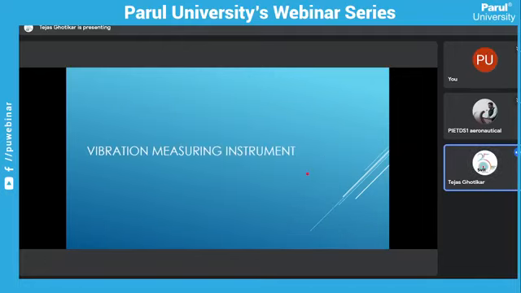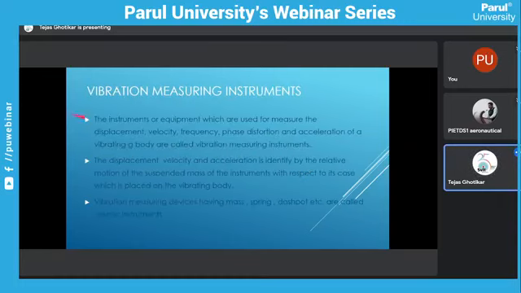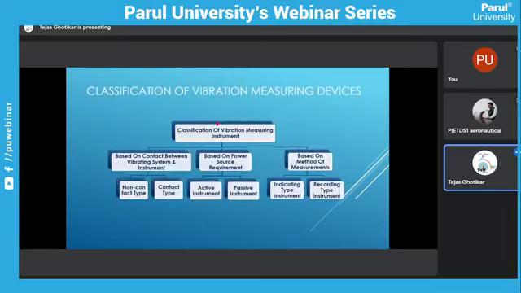I will just quickly go over what the different vibration measuring instruments are. As I just said, the classification is based on contact and non-contact type, or active and passive.